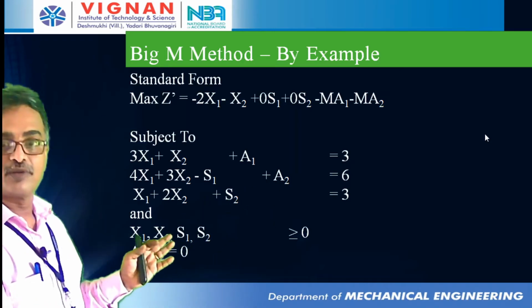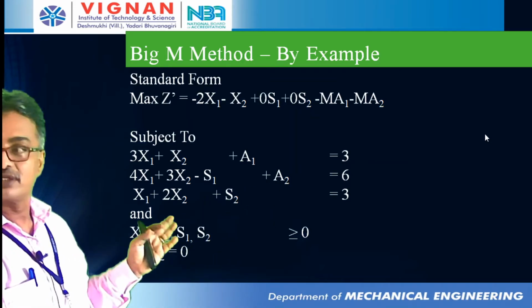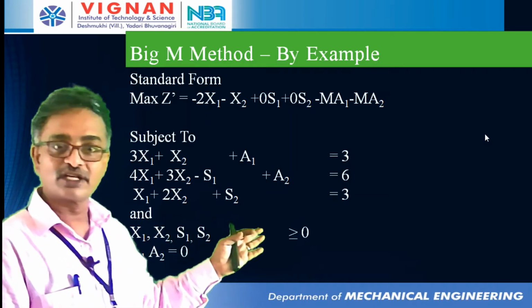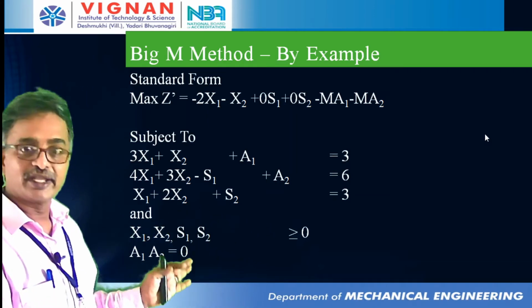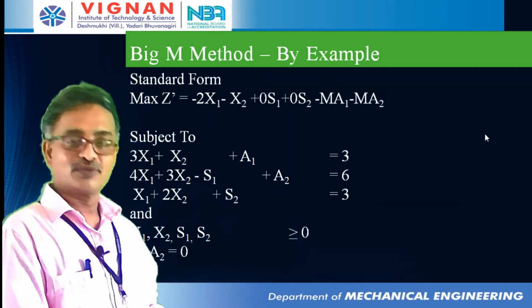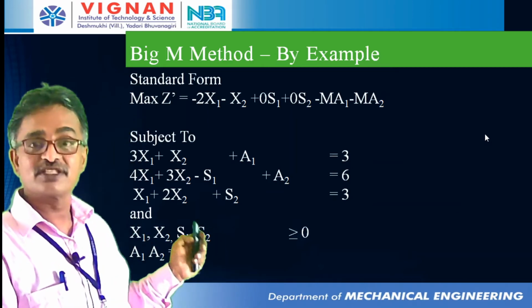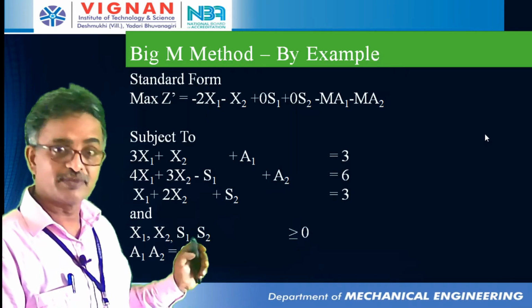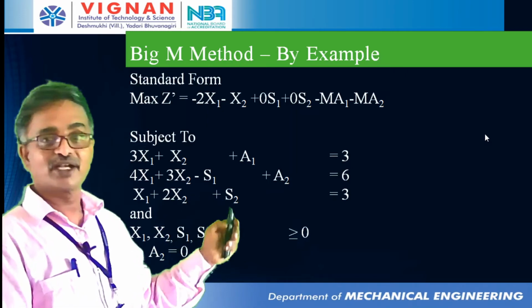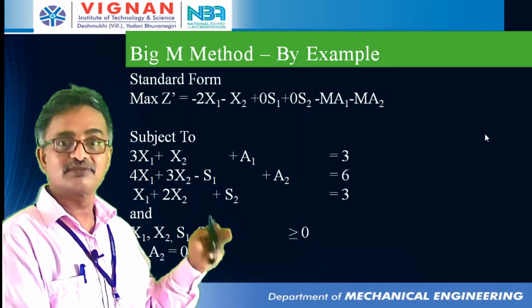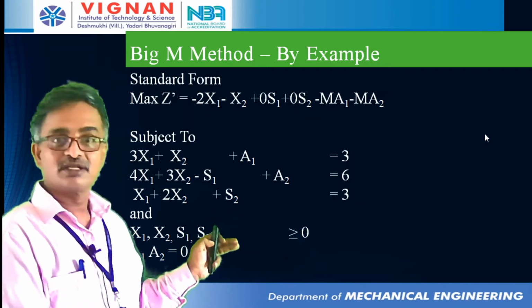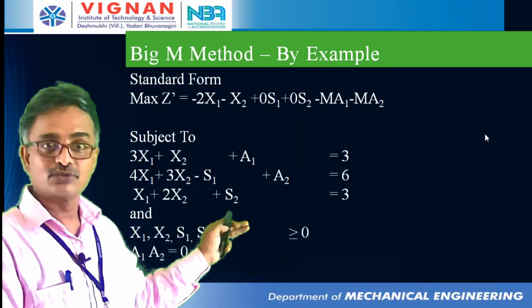With that we have variables x1, x2, s1, s2 greater than or equal to 0, and a1, a2 must be 0. That is the final requirement of our formulation. We should not have an artificial variable, which has no meaning, except to accommodate the mathematical requirement of your formulation under the particular scenario of x1, x2 equal to 0.